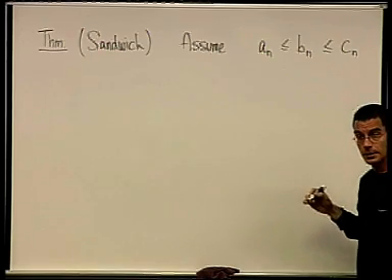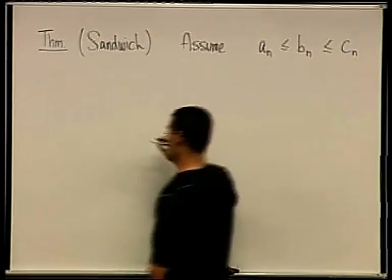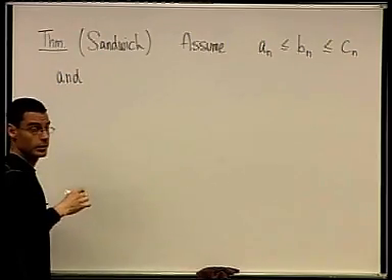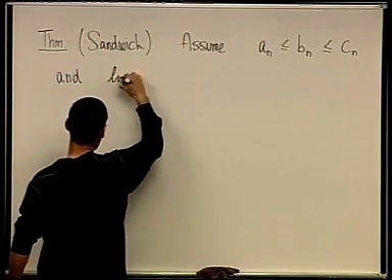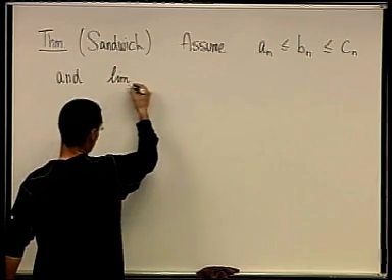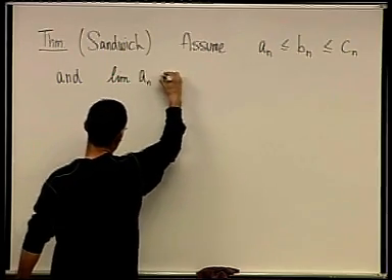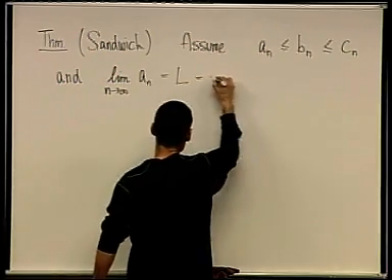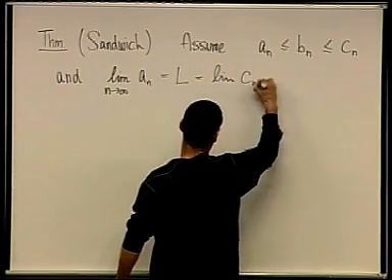Right? And what else do we need to require? Right, that the limits of the outer ones coincide. So the limit of AN is L, and this L is also the limit of CN.